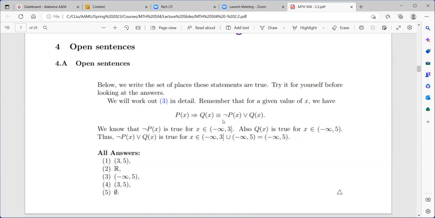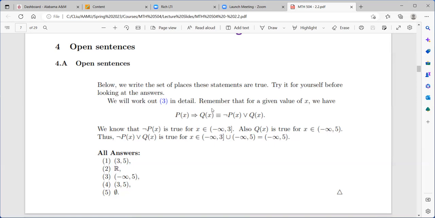So then we can use this equivalence open sentence to determine when the compound open sentence on the left is true. Okay, so why that becomes a little easier to work out: whenever you have some conditional open sentence or conditional statement, it's a little hard to work out directly.